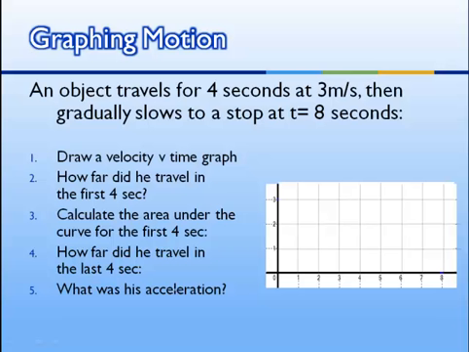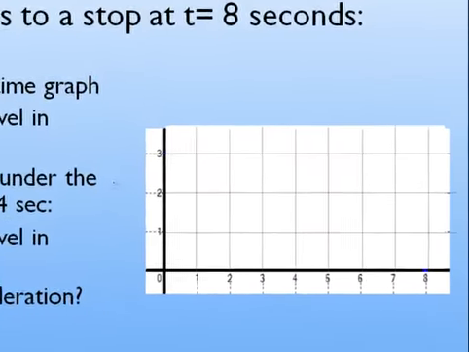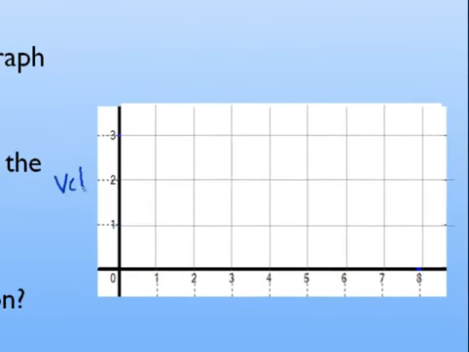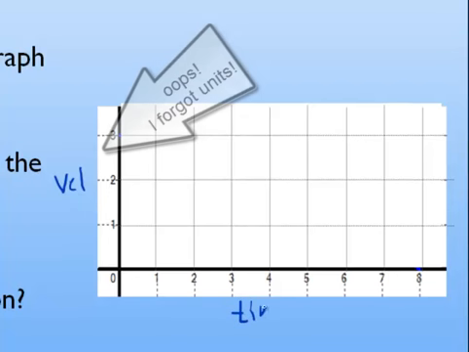Let's look at a specific example. Here we have an object that travels for 4 seconds at a certain speed and then gradually slows down to a stop by 8 seconds. Let's draw a velocity versus time graph. On the y-axis here, we'll graph velocity, and on the x-axis, we'll graph time.